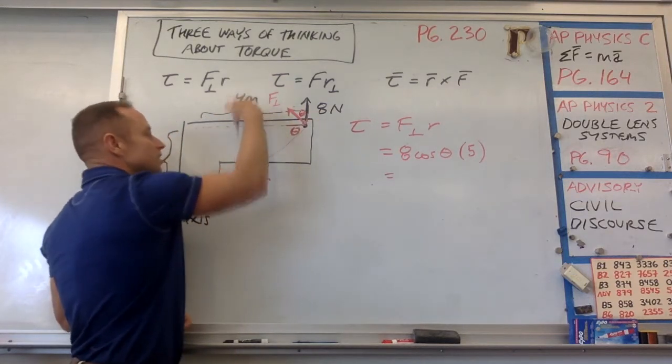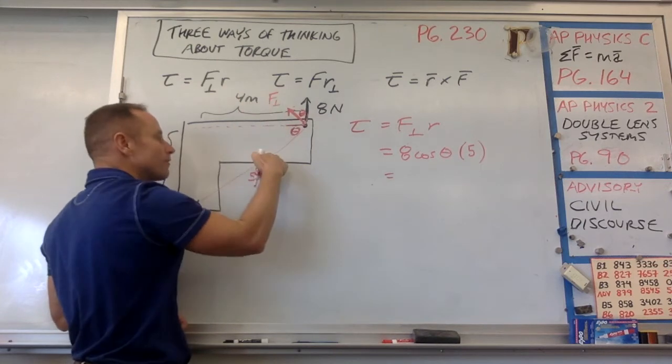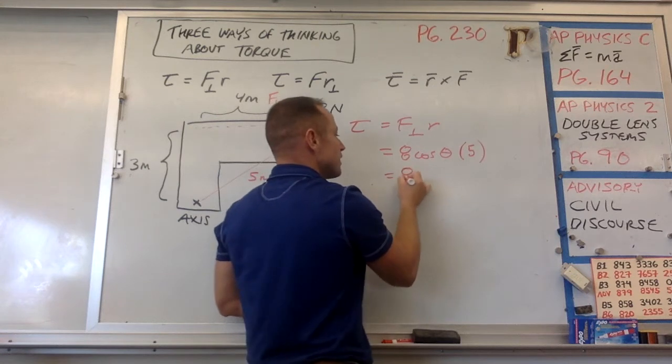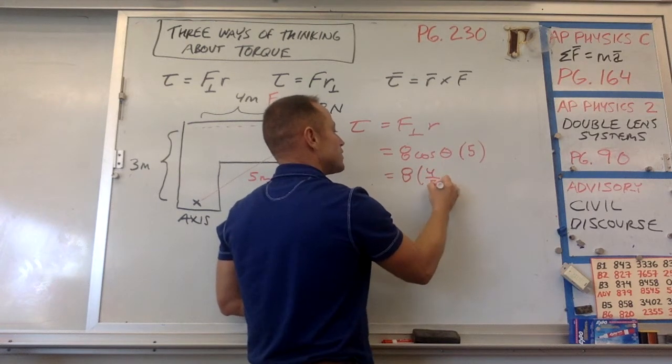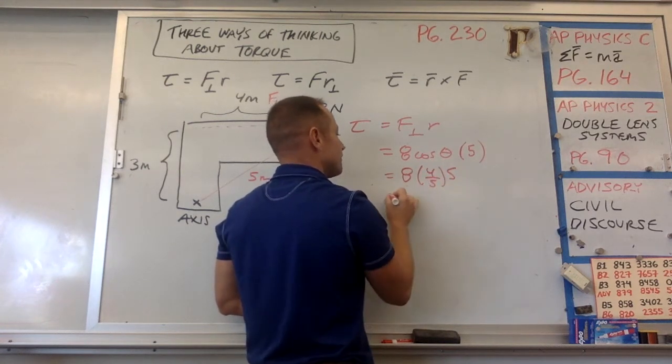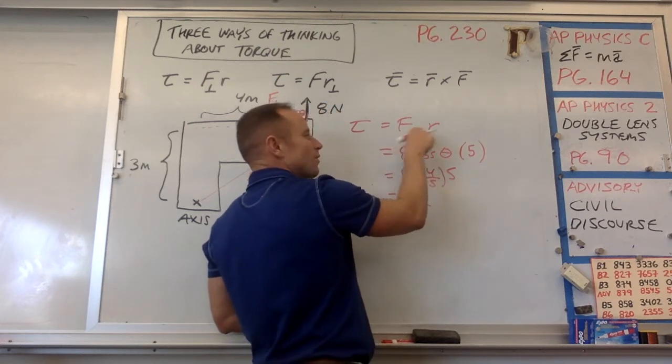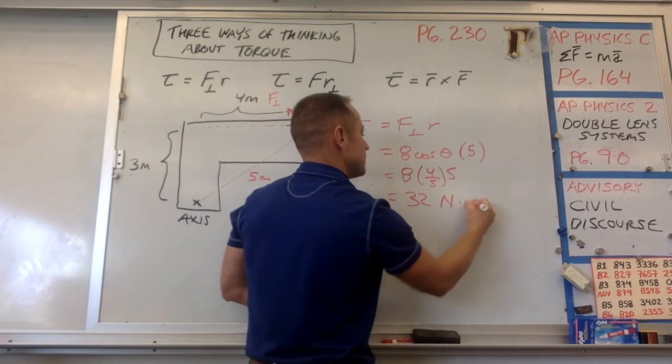Cosine is adjacent over hypotenuse, so cosine theta would be 4 over 5. So cosine theta in this case happens to be 4/5. So we have 8 times 4/5 times 5. Well, then you get 8 times 4, you get 32. And again, it's a force times a distance, so it's newtons times meters.